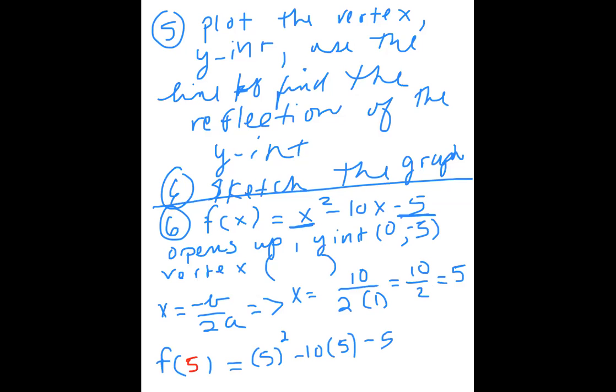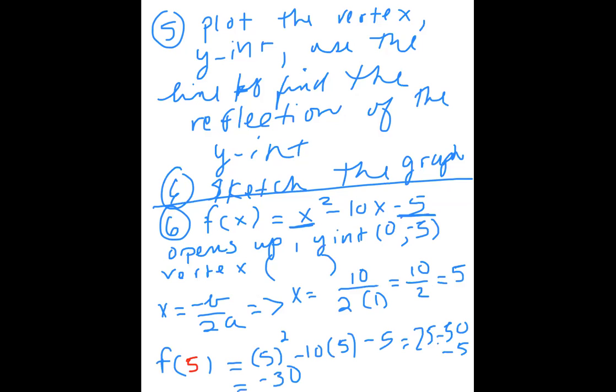Ooh, that's going to be a large number. All right, so I'm going to work it out, guys. 5 squared is 25. 10 times 5 is 50. And then minus the 5. So 25 minus 50 is -25. -25 minus 5 gives me -30.